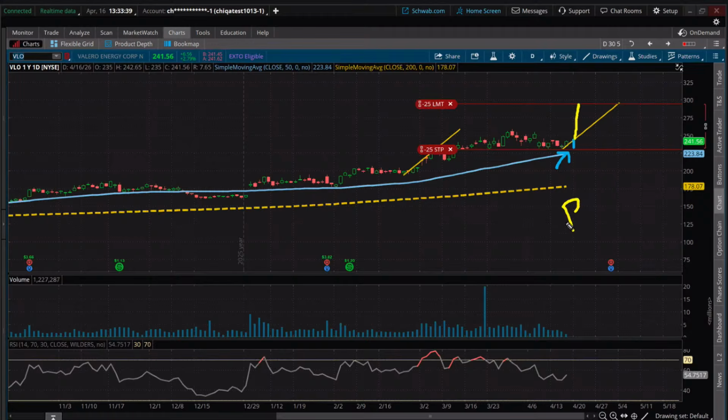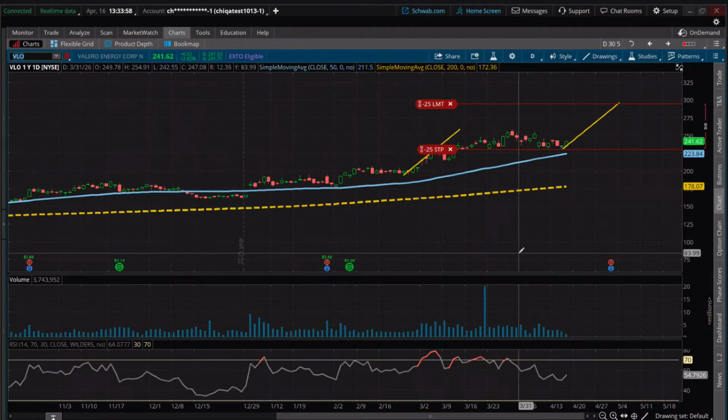So the R&R, as they like to say, potential risk, potential reward, is definitely greater than a 1-to-1, right? There's a few more moves in there. If that's the reward we're looking at, relative to risk, it's greater than a 1-to-1.